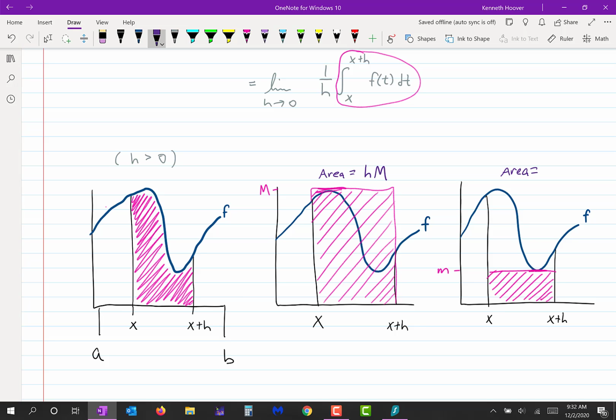Well, again, it's width times height, so that would be h times little m, right? Okay, and let's write down what is this area that I shaded in pink, by the way. That area is the integral of little f from x to x plus h.